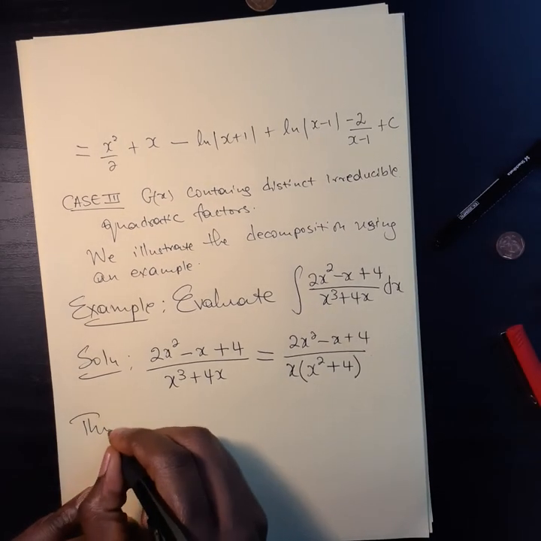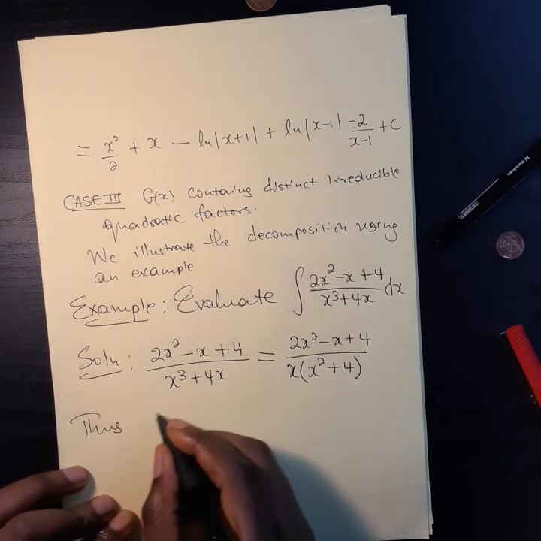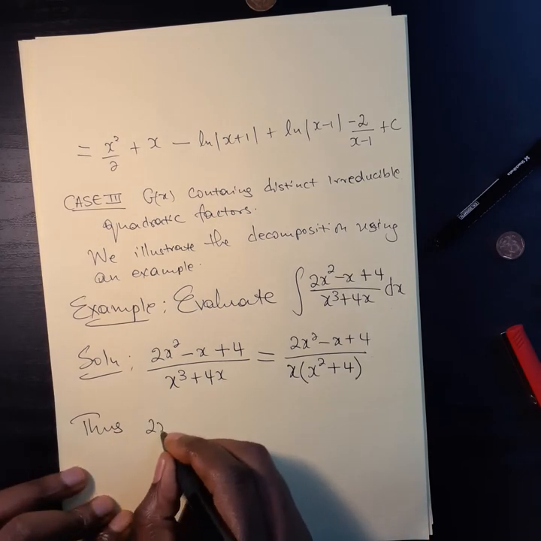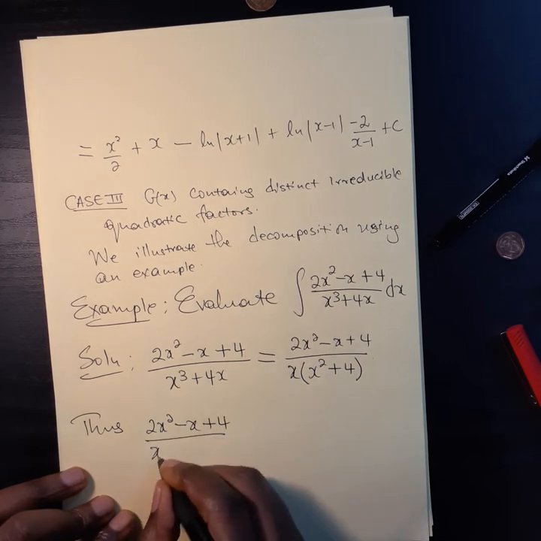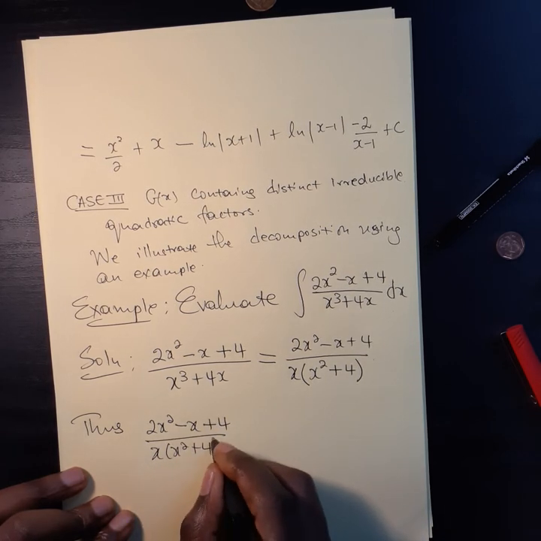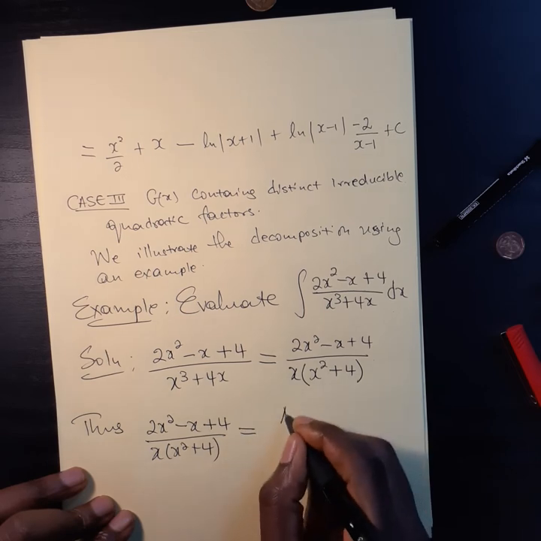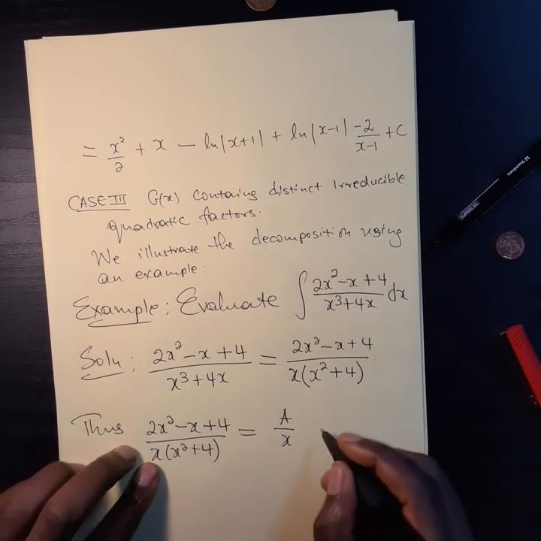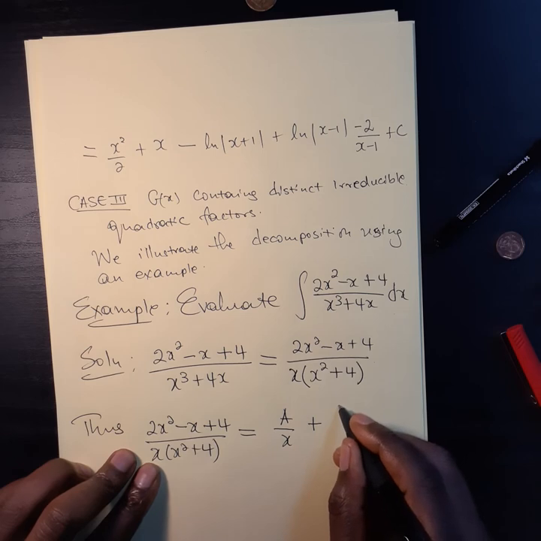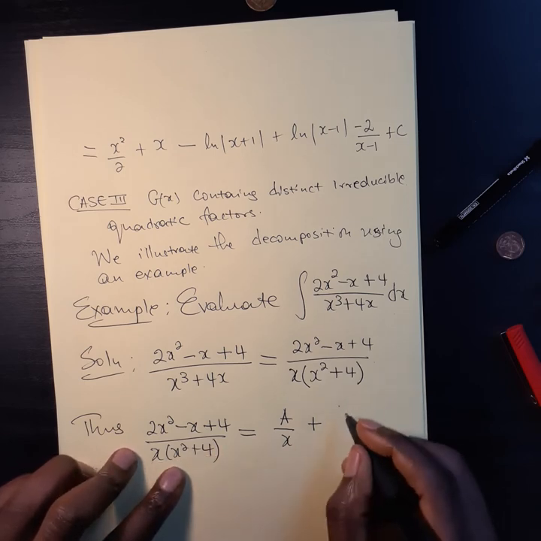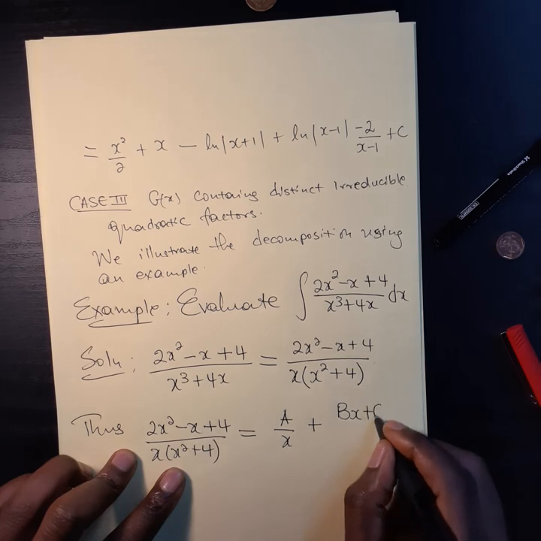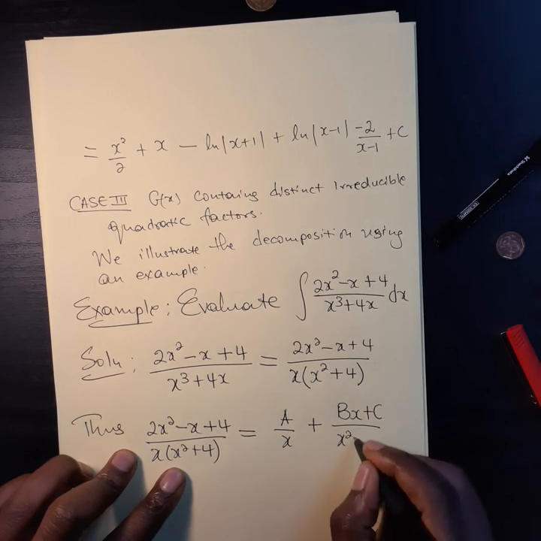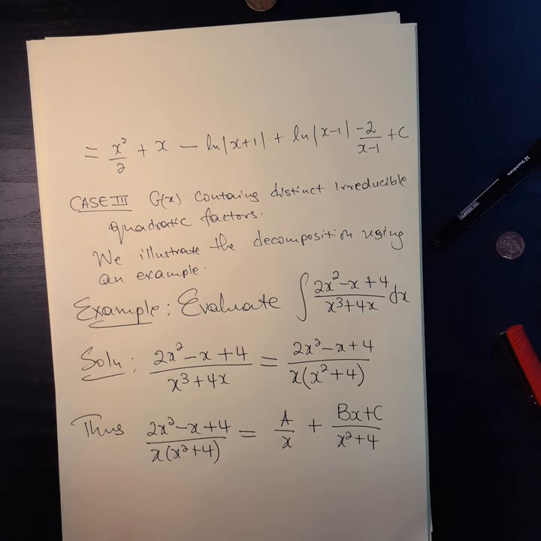Thus, 2x squared minus x plus 4 over x into x squared plus 4 can be written now as a over x plus, now this is a quadratic, so we write bx plus c over x squared plus 4 for quadratic.